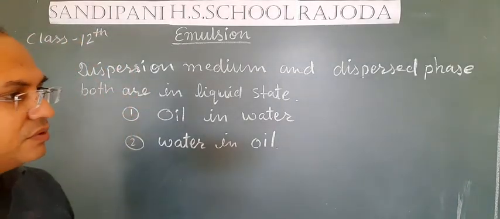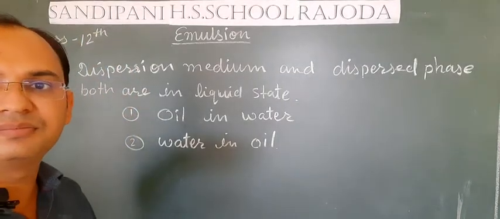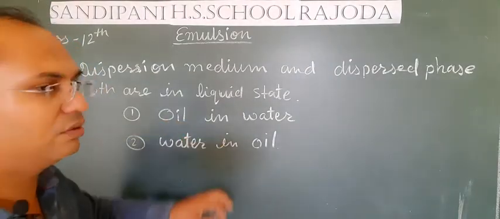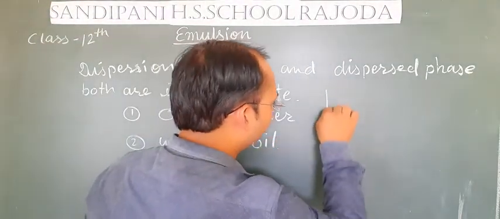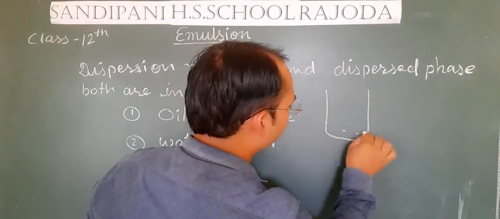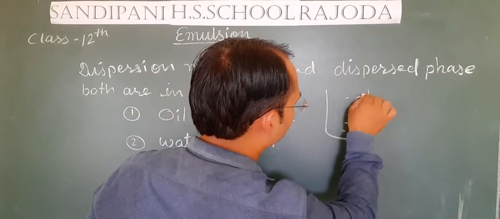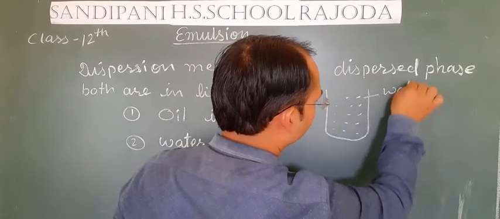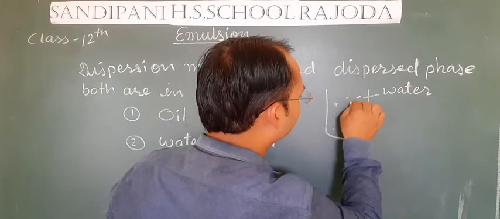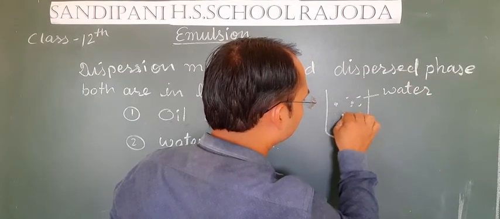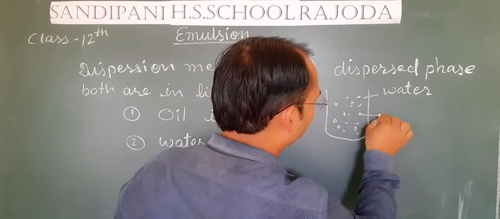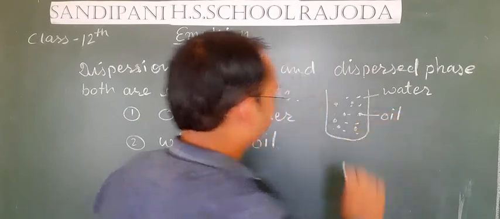Let's understand them with the help of a diagram. If you draw the diagram of the first type of emulsion, that is oil in water, then you take a beaker filled with water, then oil droplets are scattered place to place here and there. These droplets are of oil.